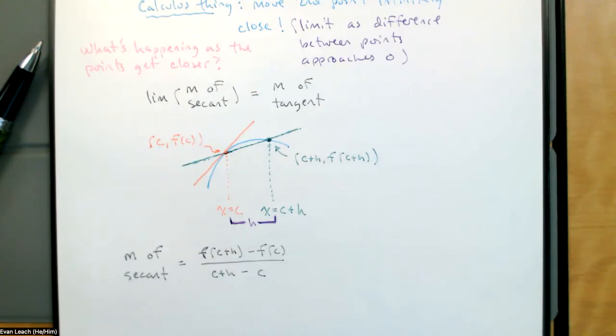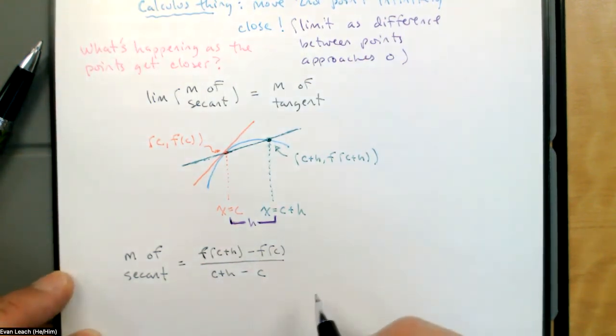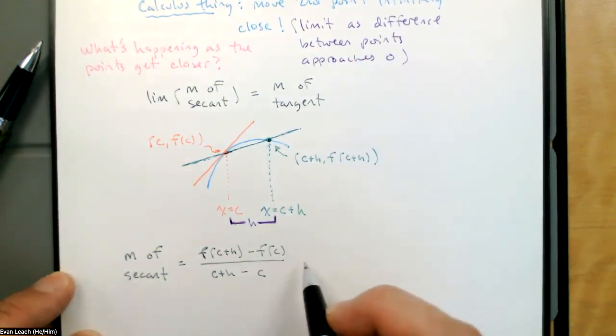We did not specify what's going on with the function, so I can't simplify the numerator any more than it already is. But we can simplify the denominator because I've got c plus h minus c.